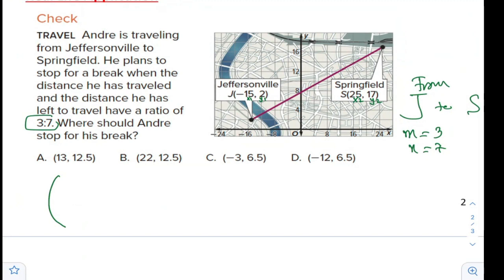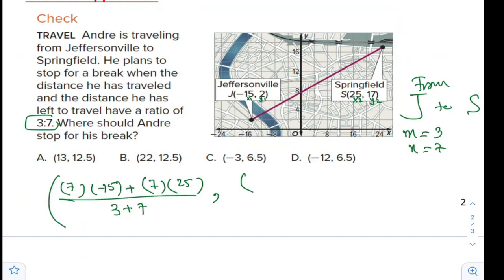As you remember, nx1, so it is 7 times x1 plus mx2, so m is 3, x2 is 25, adding 3 plus 7, and let's see, n now, also 7 times y1, which is 2, plus m, which is 3, times y1, which is 2, over 3 plus 7.